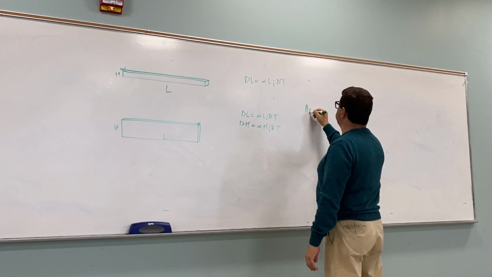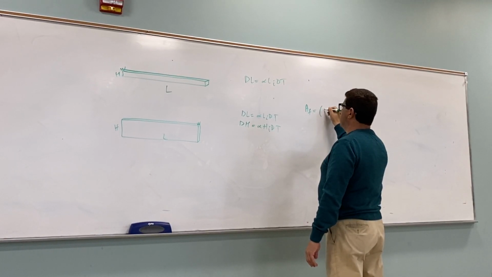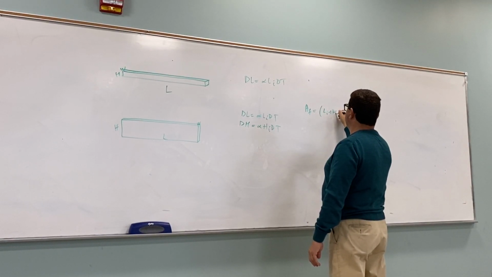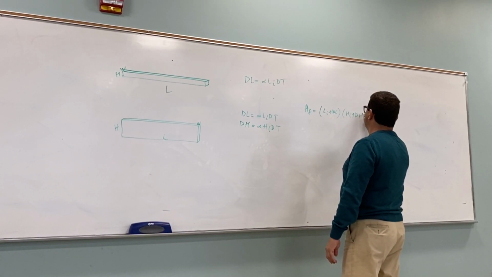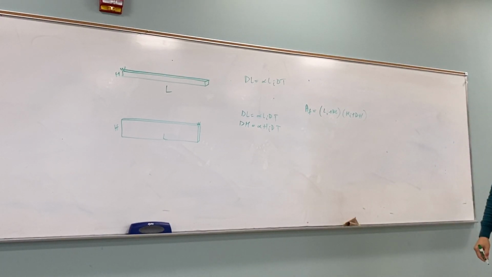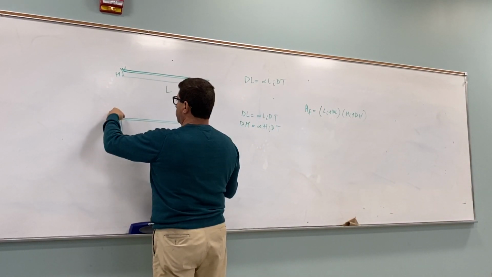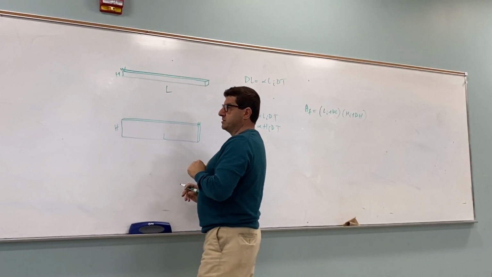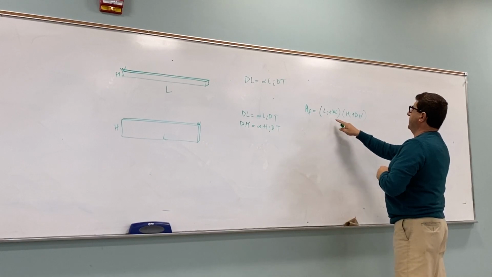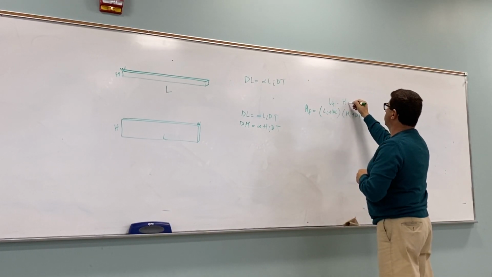We say A final is equal to what? L initial plus delta L times H initial plus delta H. In other words, if I want to know the final area of this face, I don't need to worry about the top face because it's not expanding appreciably. So I take the final length multiplied by the final height.